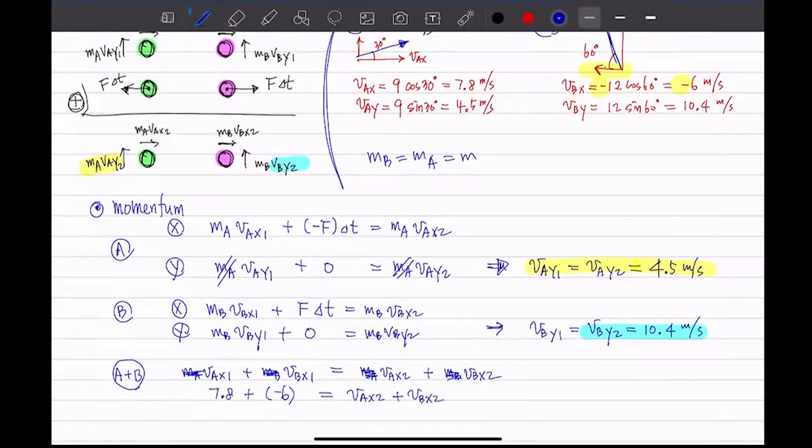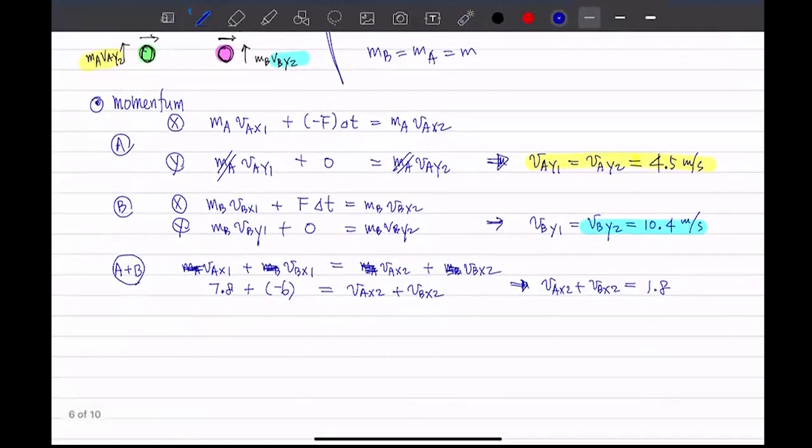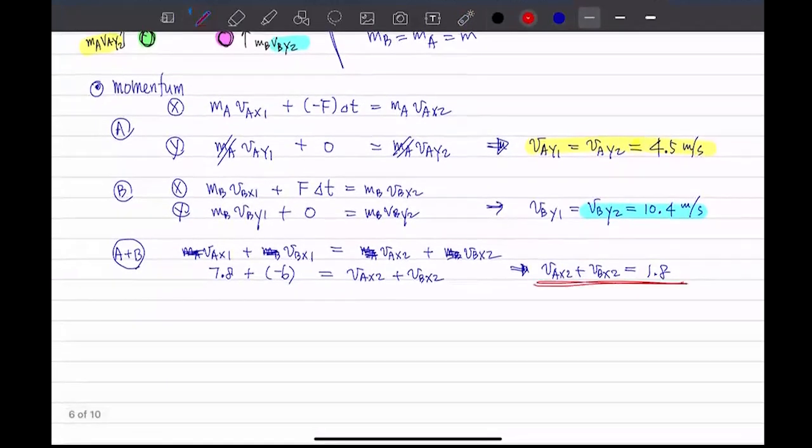These are the only things that we need to find out, right? And from here, we can tell vA,x2 plus vB,x2 equals 1.8. So we have one equation that's a candidate for the next step.